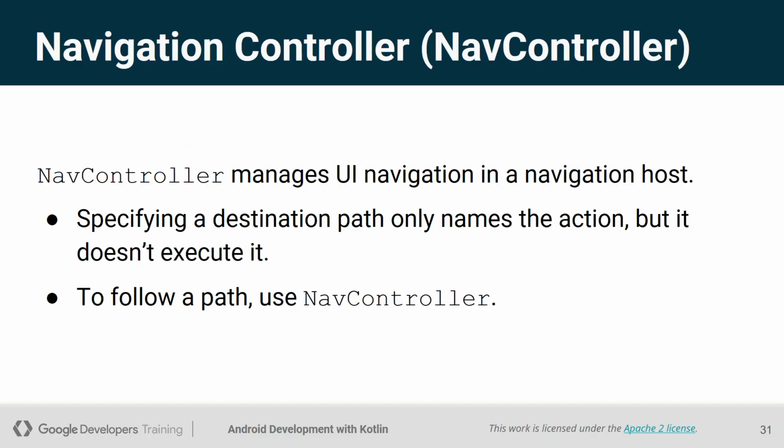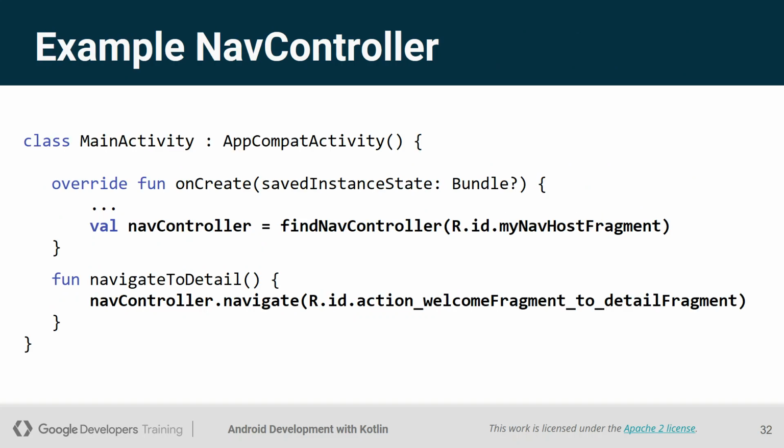Then we have what is called the navigation controllers, which we use the nav controller management UI to be able to define how we can manage or navigate from one end to another. So what does it do? One, it specifies the destination part, only the name of your action. And number two, it will have to define the path that your navigation controller is taking.